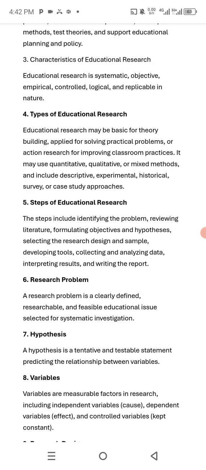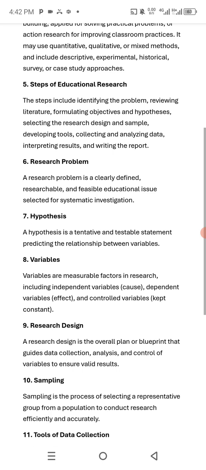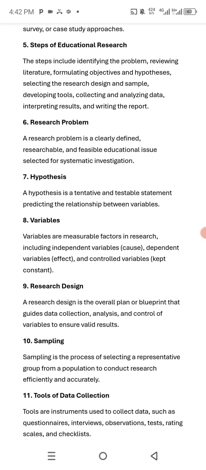Now, what are variables? Variables are measurable factors in research, including independent variables, which are the cause, and dependent variables, which are the effect. And we also have control variables, which are kept as constants. So in variables, we have three. We have the independent variable, which is the cause.